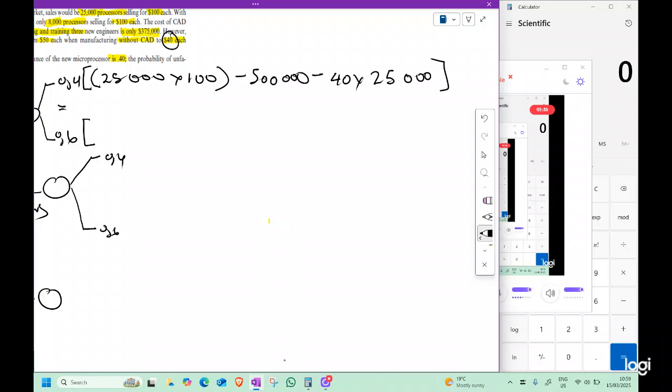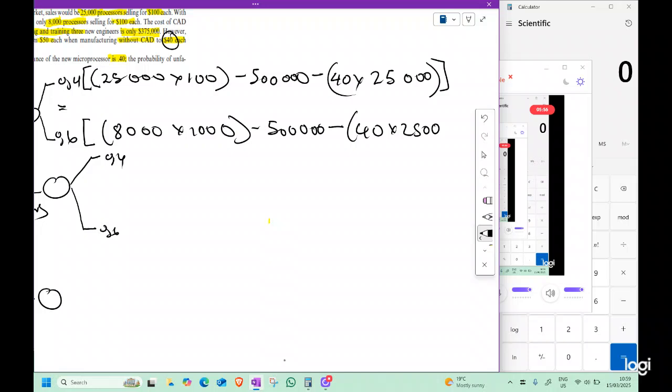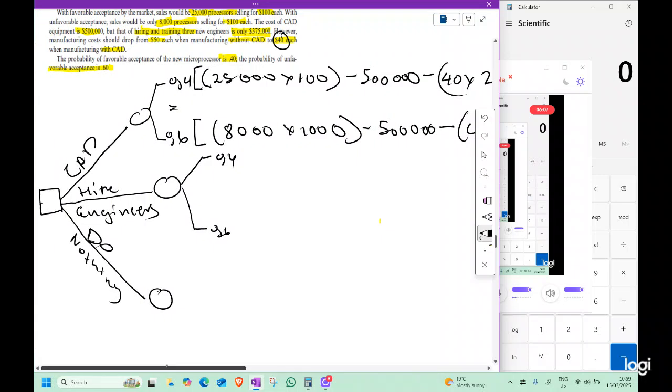Then when the market is unfavorable, we have 8,000 multiplied by, they're selling at the same price, and they are experiencing the same cost, minus 40 times 8,000. The answer's gonna come somewhere here. So this needs to go now, I want enough space here.